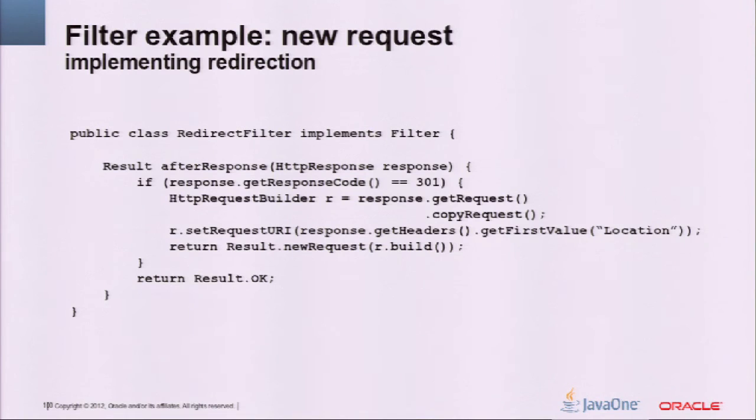It creates a new request based on the current request, but sets the request URI to the contents of the location header, which is a standard thing to do for redirect. And then it calls this special new request method on result, which is telling the system to send out a new request and wait for that response to come back before sending the response up to the application.